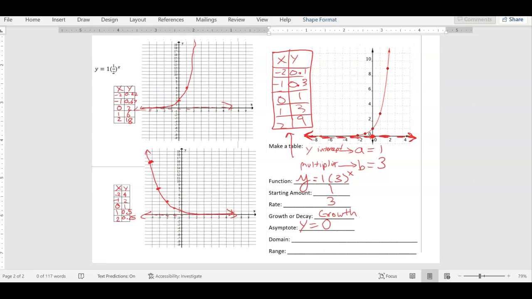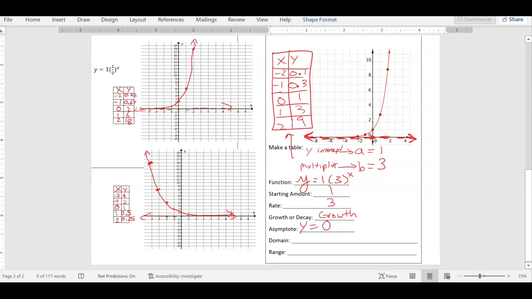Now let's talk about domain and range. Do y'all remember what domain and range is from like Algebra 1? Or you've heard it before, hopefully? Okay, so domain is from left to right. How far to the left does it go? How far to the right does it go? And range is from bottom to top. How far down to how far up? So let's think about the domain. How far to the left does it go? Do you see how it's going like this? And it's got an arrowhead, so it's going to keep going forever to the left.